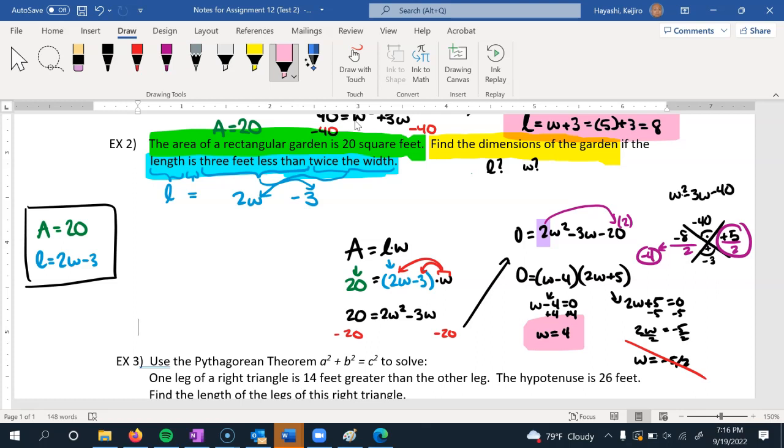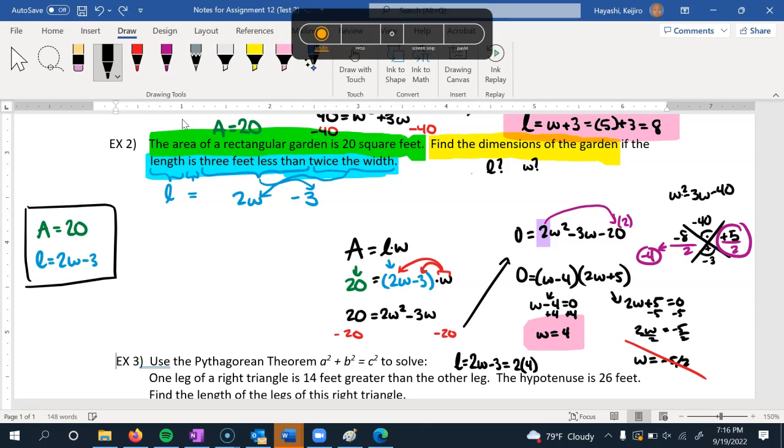Yeah, that equation over there that we used in the very beginning: L equals 2w minus 3. So if L equals 2w minus 3, and we know w is 4, what is L? It's going to be 8 minus 3, so that's 5.